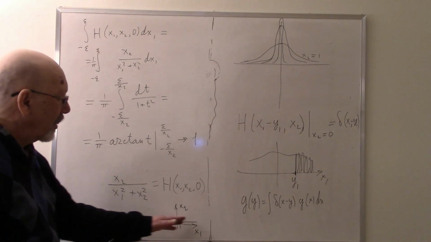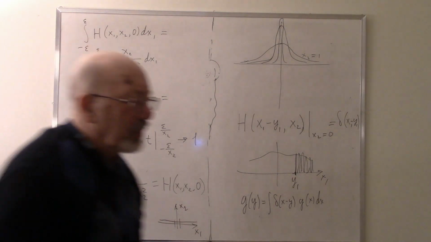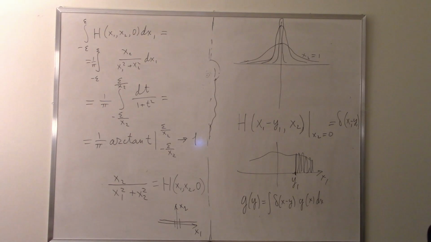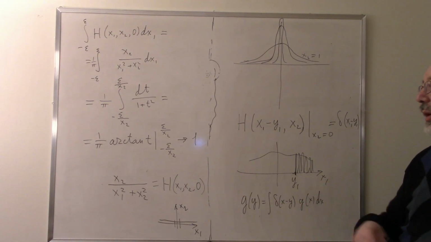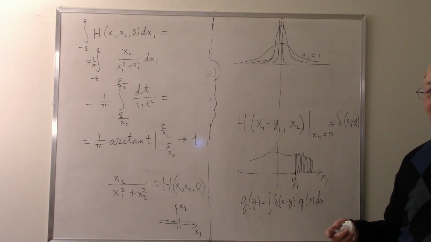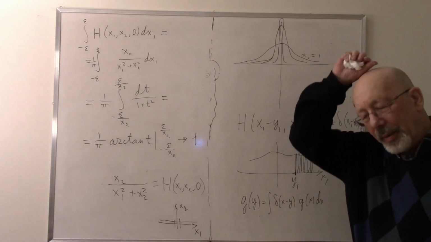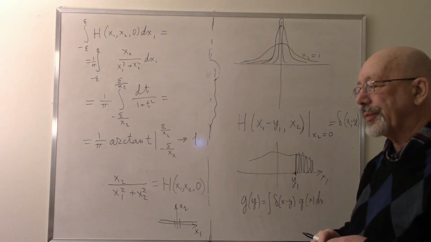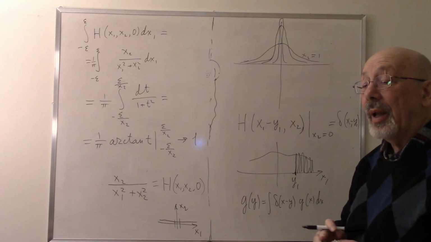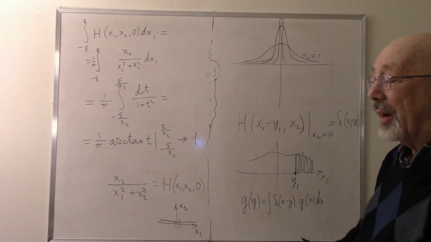Now, shifting this solution right and left, multiplying it by the corresponding function g, and then integrating, we have any other solution of the Dirichlet problem. That's it. So this is the meaning of this function.